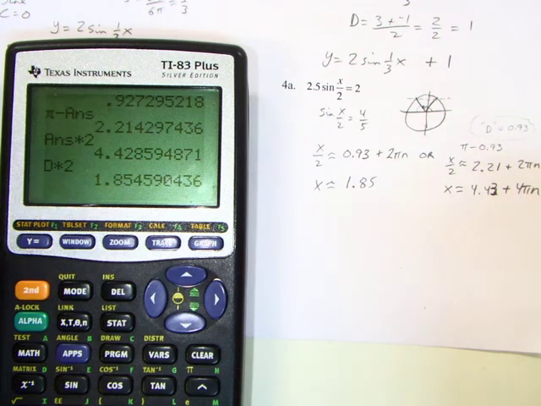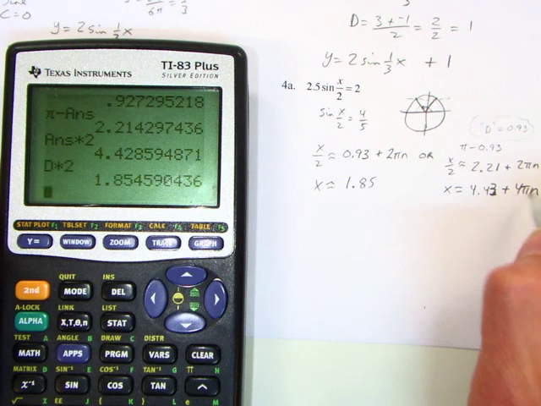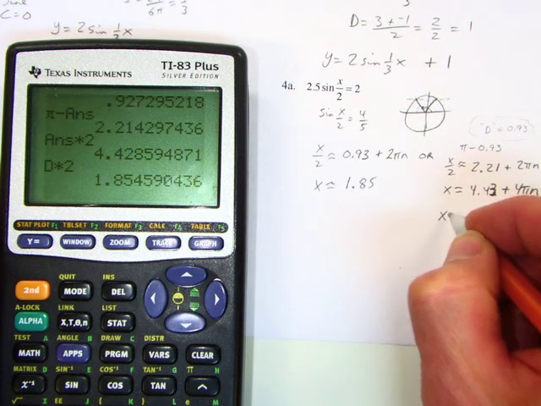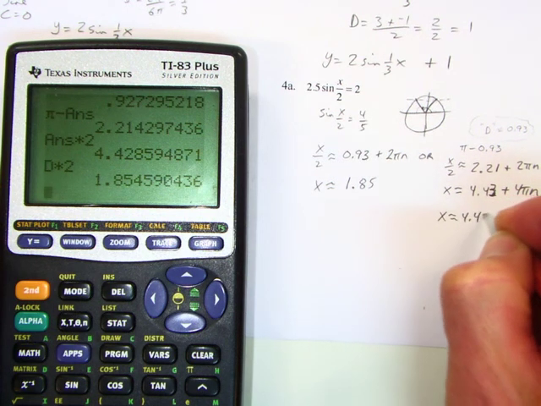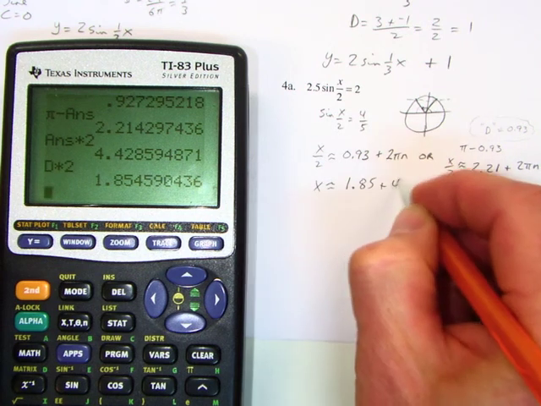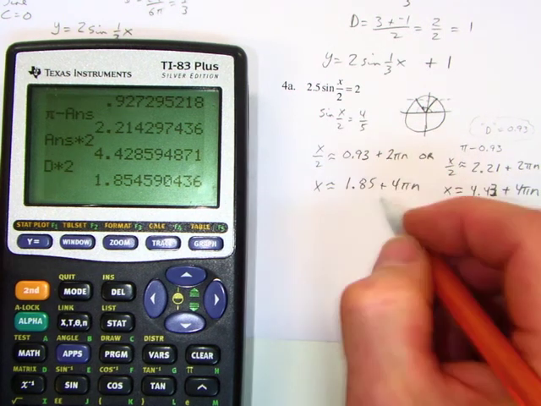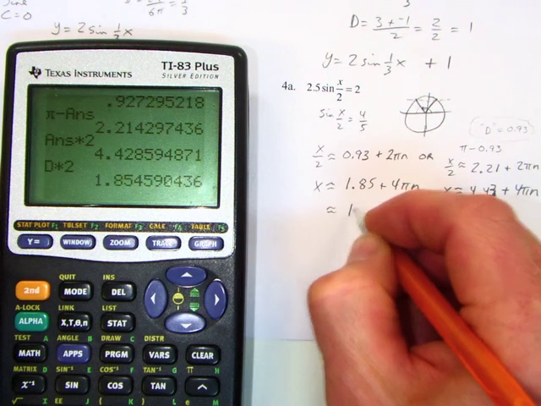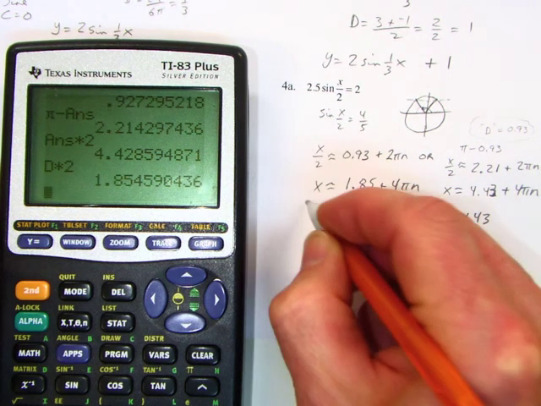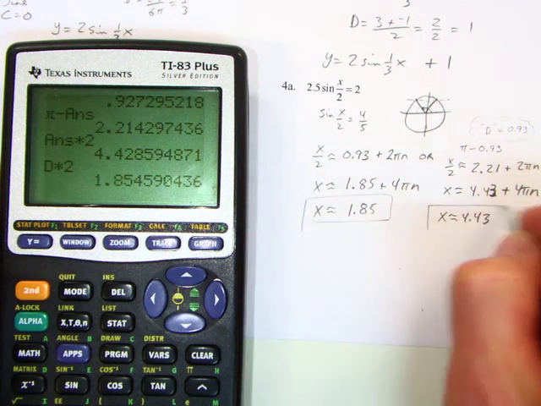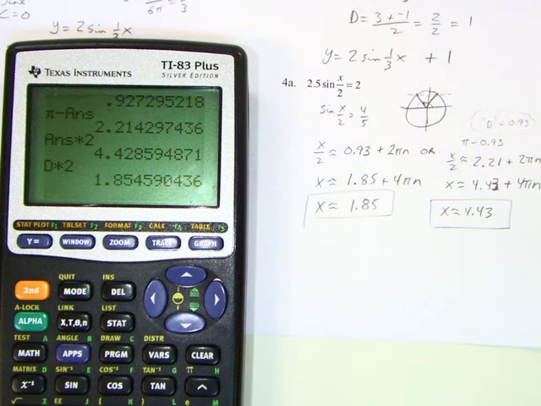But that's okay in this particular problem, because when we add 4 pi, we're not going to get an extra solution again. And over here, we add 4 pi, we're going to be outside our domain. So again, we have another problem where we only have 2 solutions.